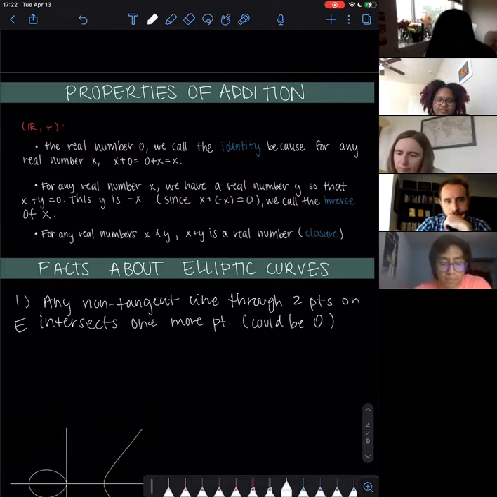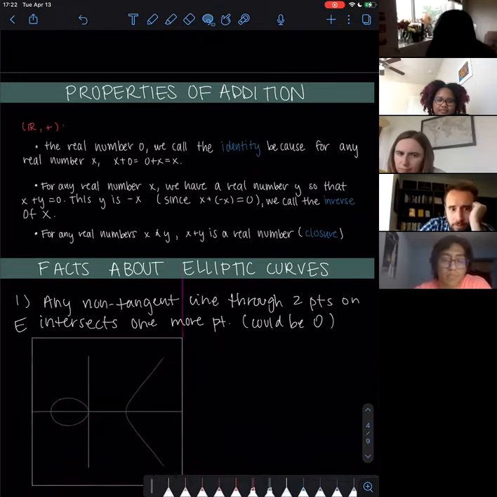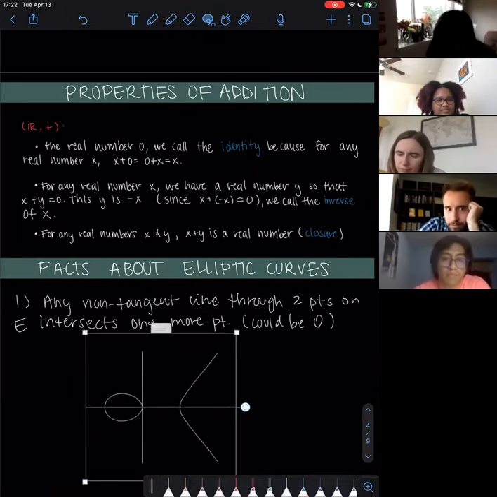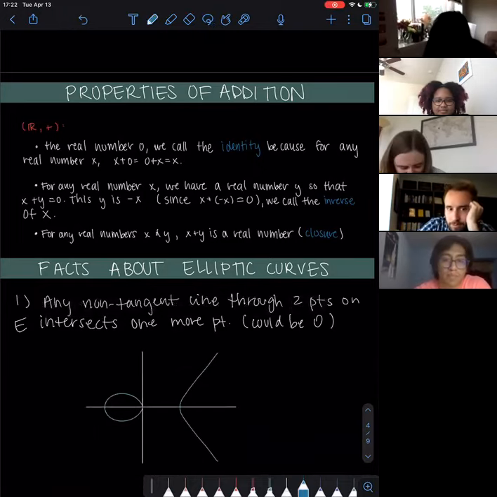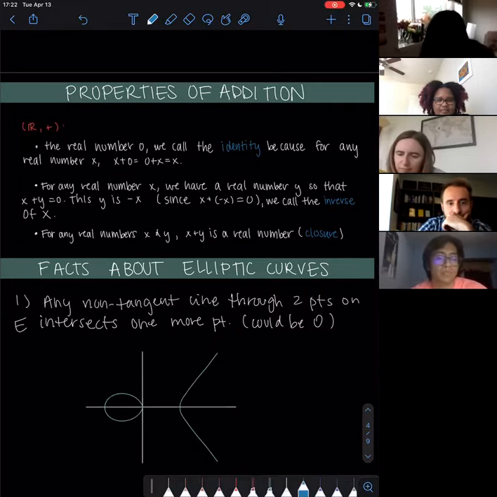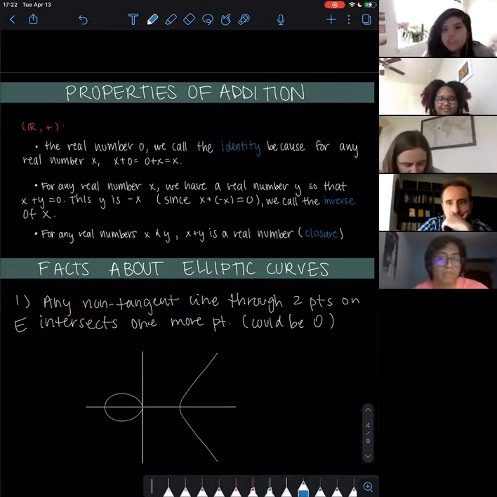Okay, and here we can look at an example. We want 2 points such that when you make the line through them, it won't give you a tangent line of the curve.